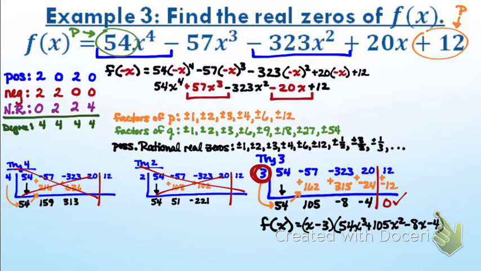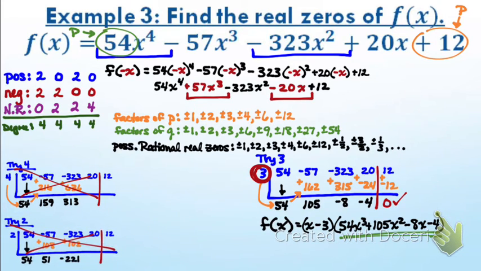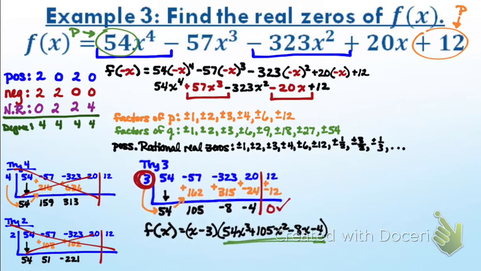What could I do then for this guy? I can't use quadratic factoring for that because it's a cubic. So how can I approach that? We could try some factoring by grouping. Let's see if that'll work.